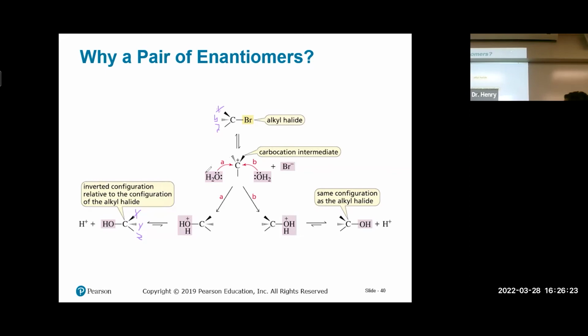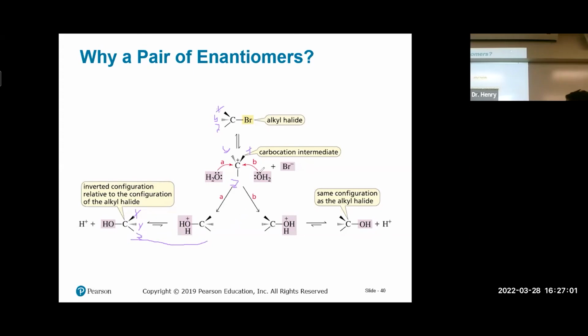Then water is going to be able to come in and attach on this side of the carbon. So this is X, this is Y, and this is Z. It has the ability of coming in and attaching between the Z and the Y, or it can come in and attach between the X and the Z. If it attaches between the Z and the Y, we're going to get this enantiomer.